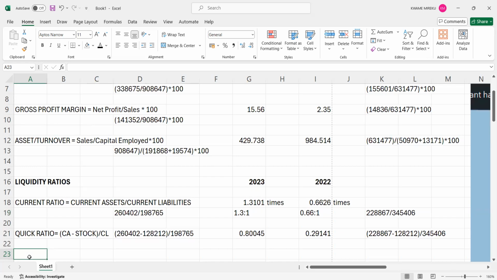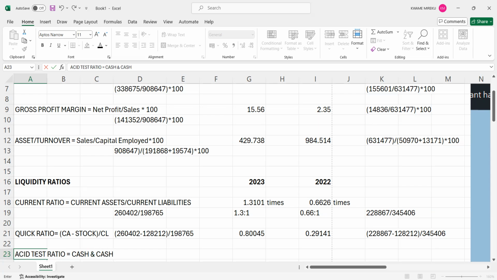Then if you want to be very rapid, in some books they also refer to this as the asset test ratio. But strictly, the asset test ratio will focus only on cash and cash equivalents.